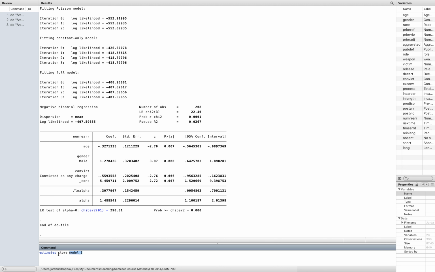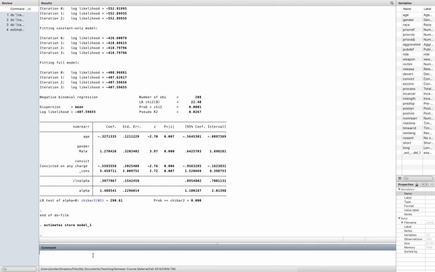So you're storing the estimates from the last model that you ran. You can call it dog, it doesn't matter, you can call it cat. I'm calling it model one. Now those estimates are stored, and you can see it over here: estimates model one. So it's the same thing we did last week, the only difference is that we stored the model.